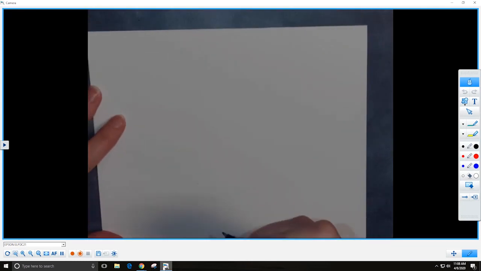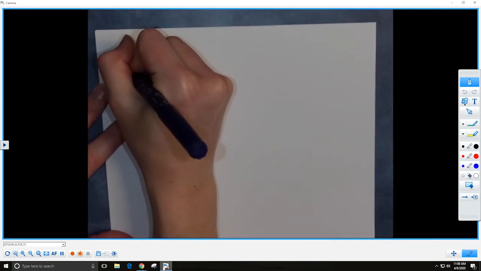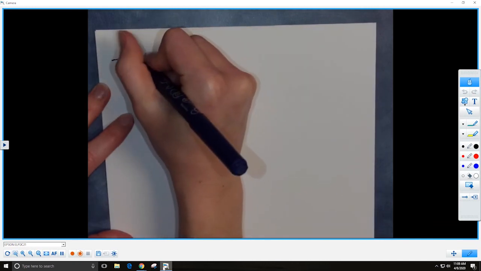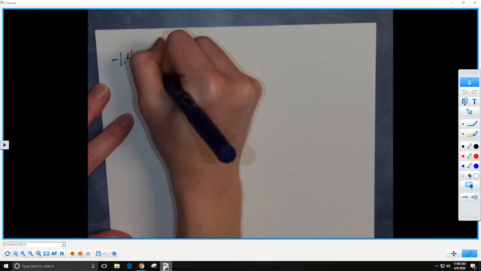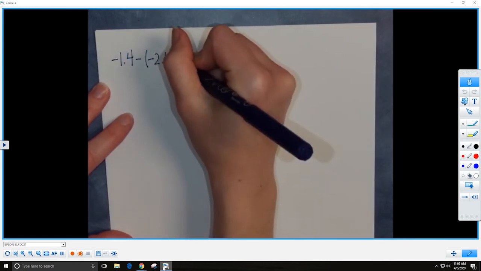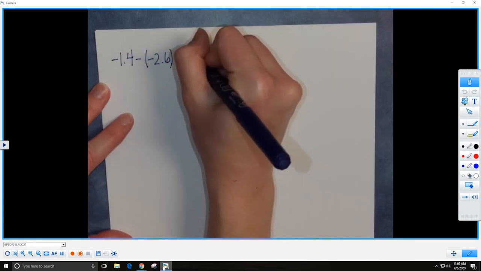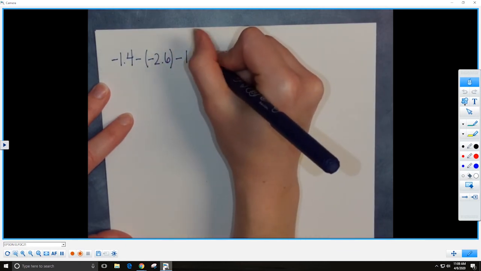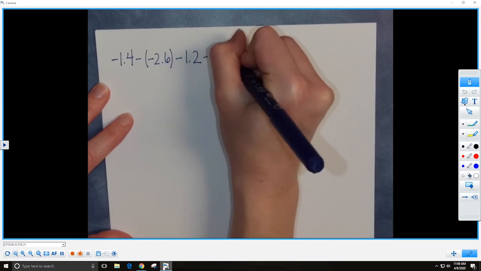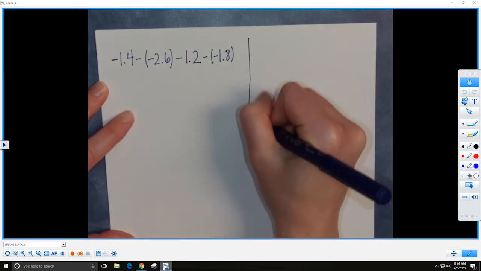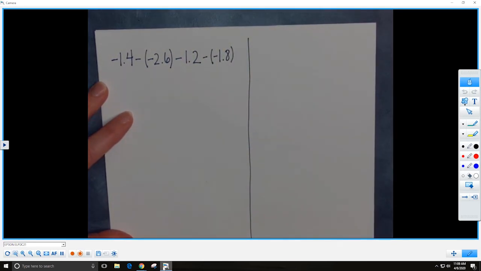Here's your first problem. Negative 1 4/10 minus negative 2 6/10 minus 1 2/10 minus negative 1 8/10. Okay.